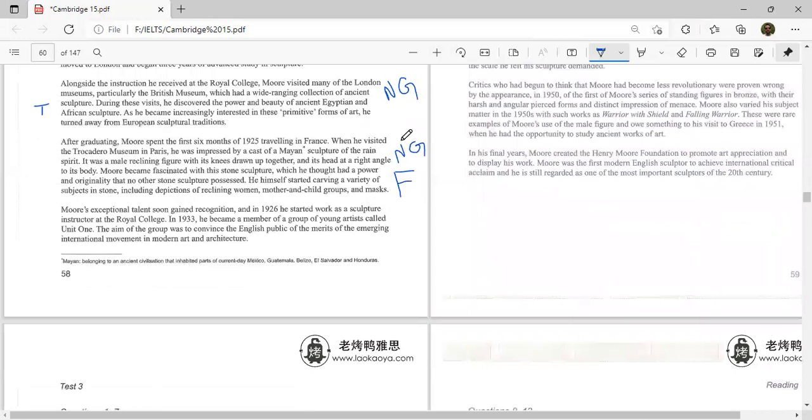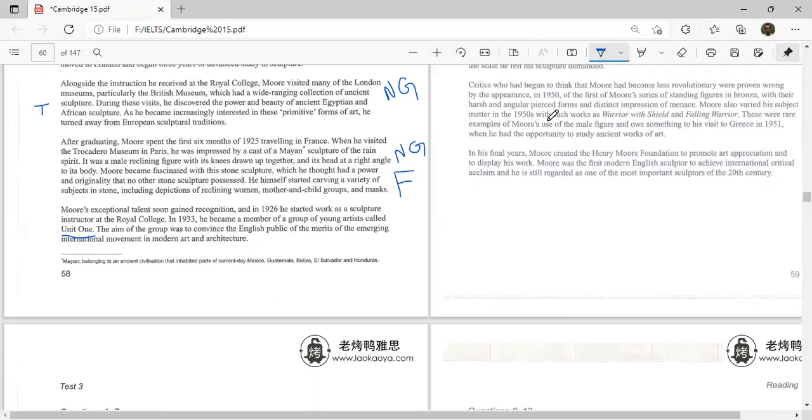In the next passage, Moore's exceptional talent soon gained recognition, and in 1926 he started work as a sculpture instructor at the Royal College. In 1933, he became a member of a group of young artists called Unit 1.